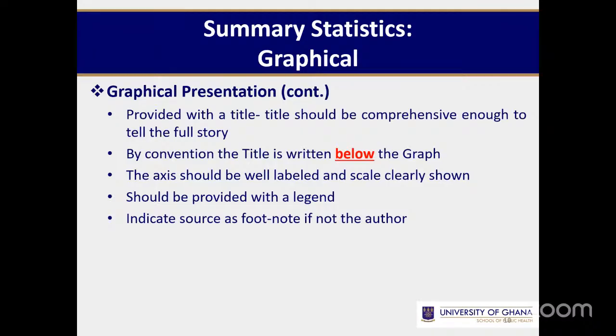The axis should be well labeled, indicating the unit of observation. So, assuming the x-axis is the height of study participants, make sure that when you write height of study participants, you indicate the unit of observation, if it is centimeters or meters.